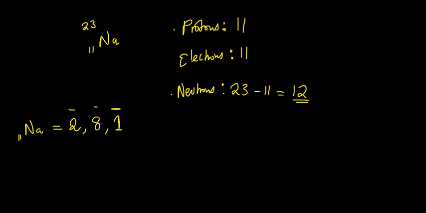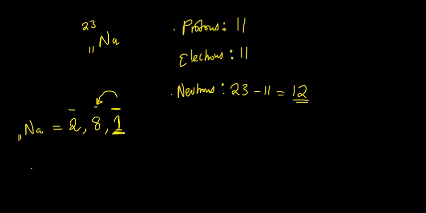It is either you gain 7 electrons to make this one to be 8, or you lose this one so that you remain with this 8 here. Now can you tell me which one is easier? Is it to gain 7 electrons, or to lose 1 electron? To lose 1. So what sodium does is that it will lose this electron.